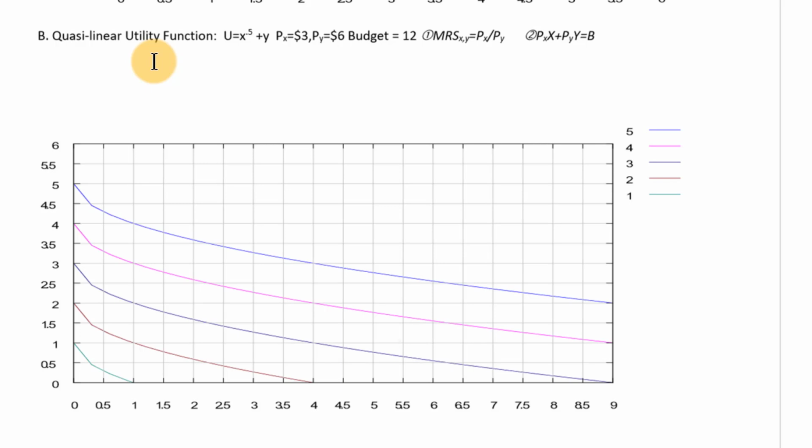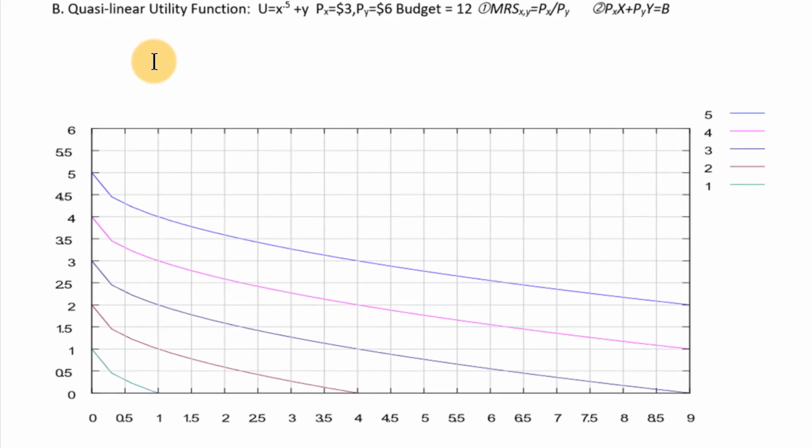So here is a quasi-linear utility function, the square root of x plus y. And here we have X's are $3, Y's are $6, and our budget is $12. First, let's graph the budget line. It's okay to do that first before you do any of the other analysis. So let's go ahead and do that, and let's see if we can see an approximate answer here.